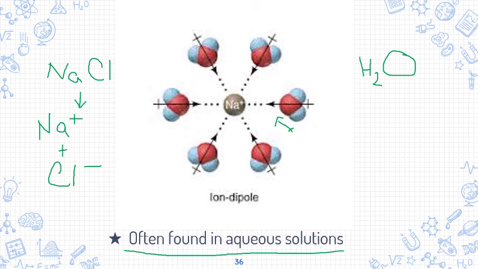So here we've got this positively charged sodium in the middle of this picture, and it's going to be attracted to the negative end of water. The negative end of water is that oxygen. If we had the chloride shown here, it would have been attracted to the hydrogen because chloride's negative and the hydrogens are exhibiting a partial positive charge.